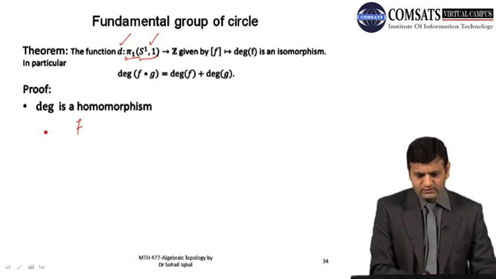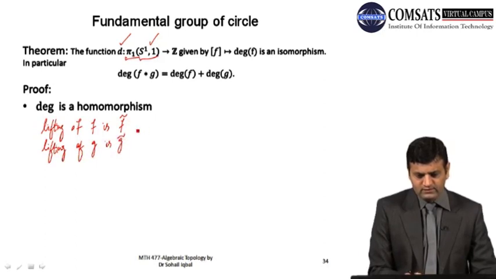Okay, so we can calculate their degree, so we can lift. The lifting of f is f tilde, and let's say the lifting of g is g tilde. So using these f tilde and g tilde, we can find the degrees of f and g by calculating f tilde of 1 and g tilde of 1.